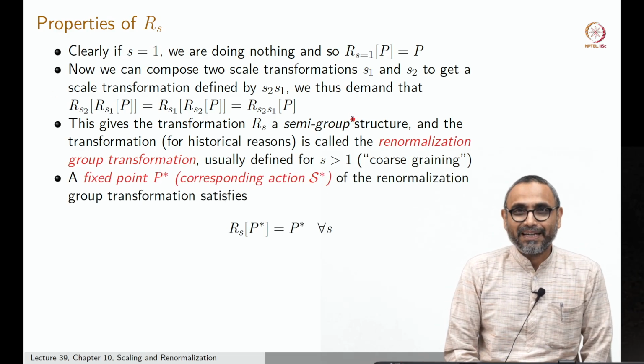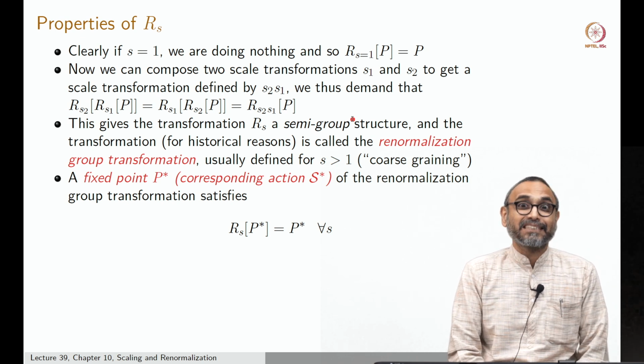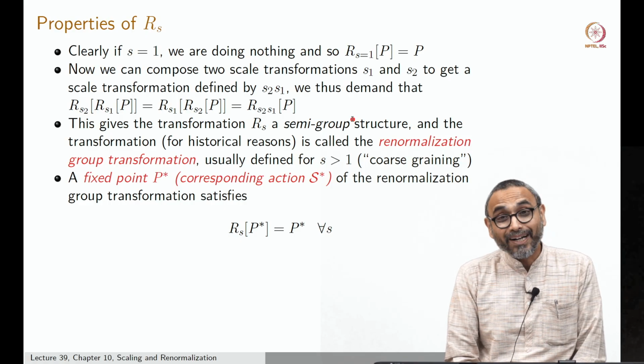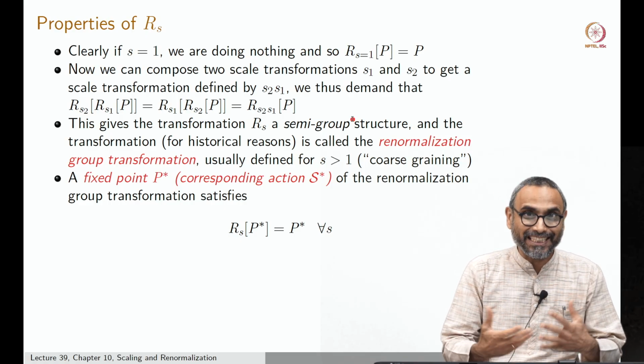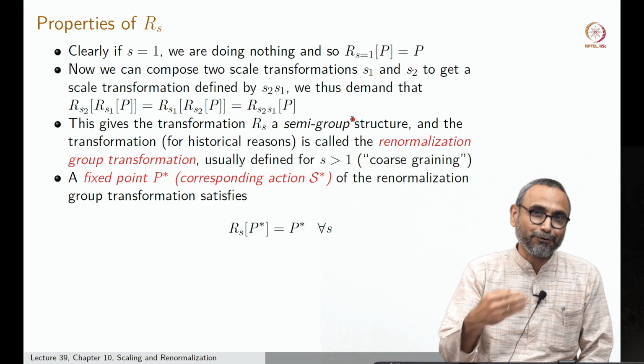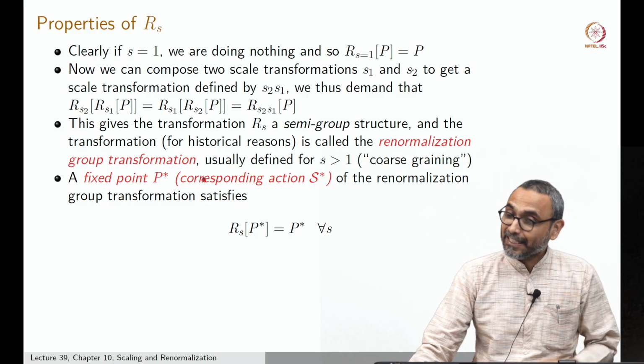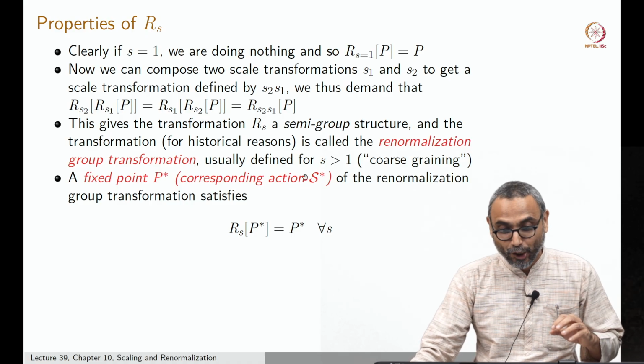Okay, now comes an interesting additional concept. What is the fixed point of such a transformation? A fixed point of such a transformation, if I call this P star, the corresponding action for this will be called S star.